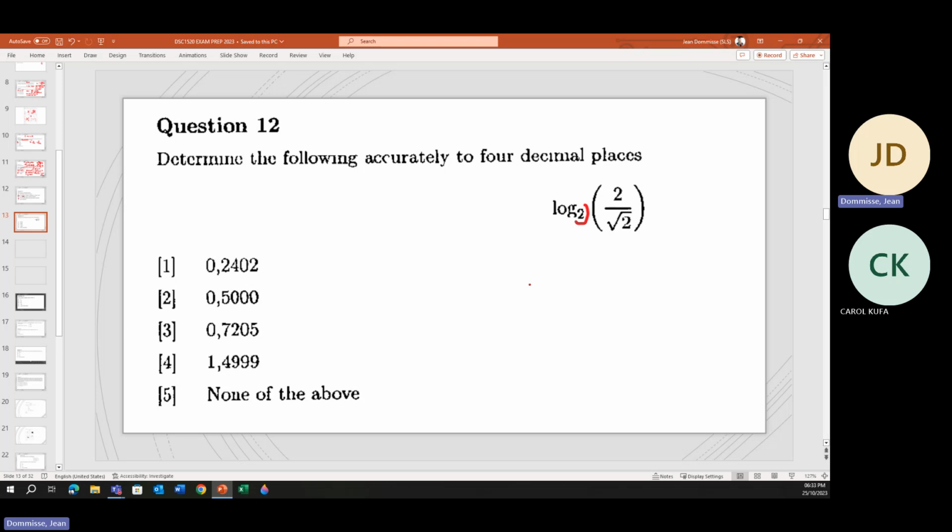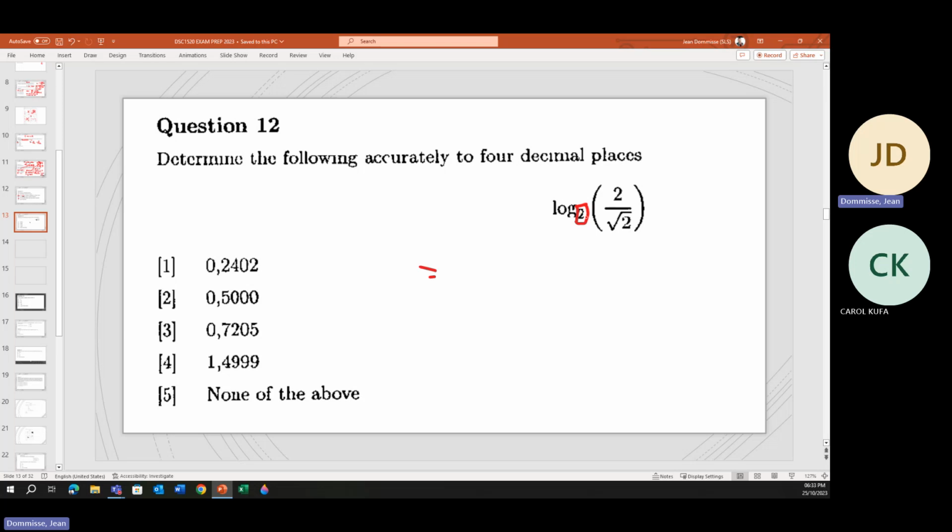If your calculator allows you to put the 2 in as the base of a log, it's great. If it doesn't, then we also have a solution, because my HP doesn't have that function to change the base to 2.